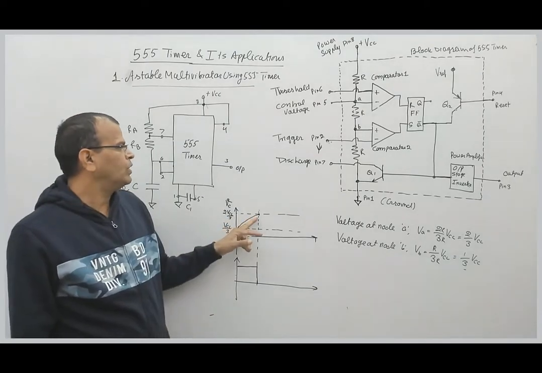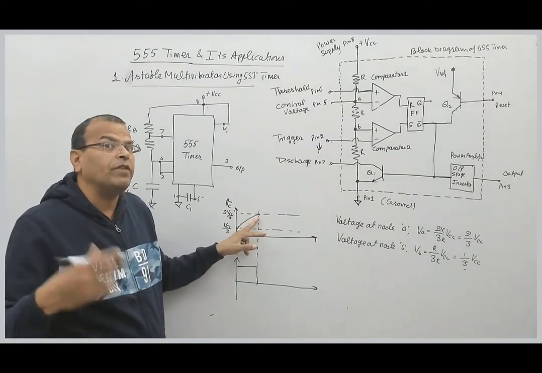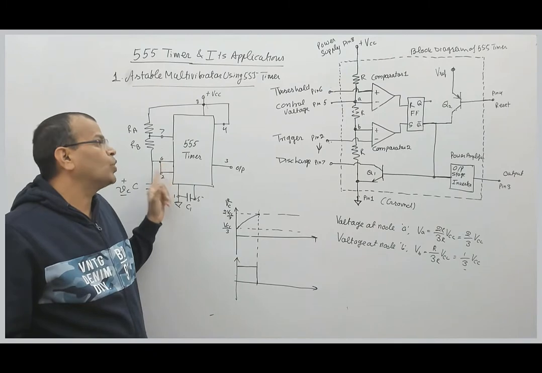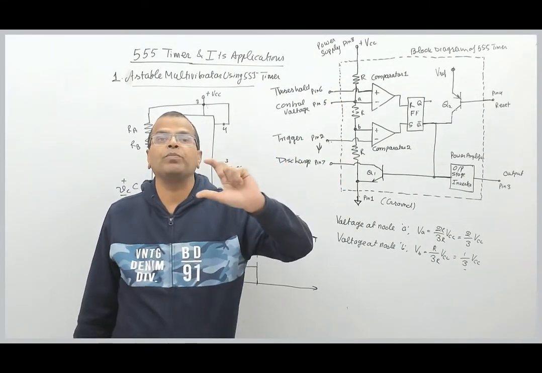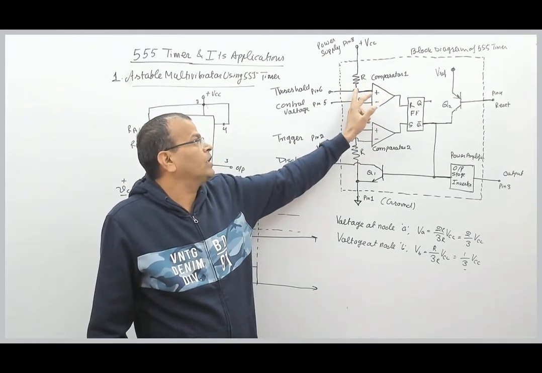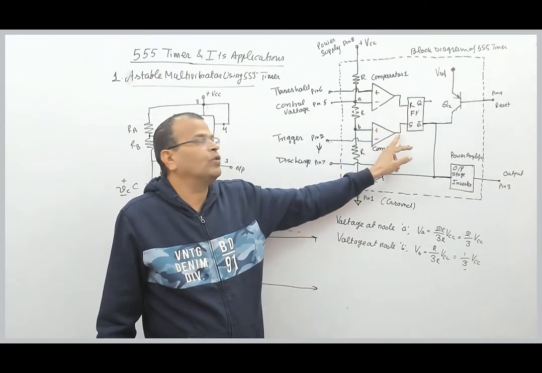When voltage across capacitor here becomes or tries to become more than 2 VCC by 3, that is at pin number 6 or 2, so if this voltage is more than this, output of this comparator becomes high, this output is low. Why?